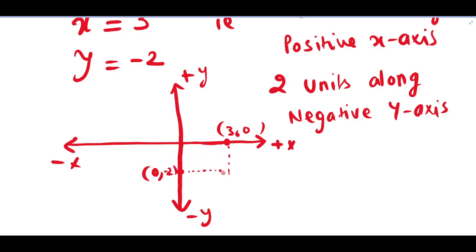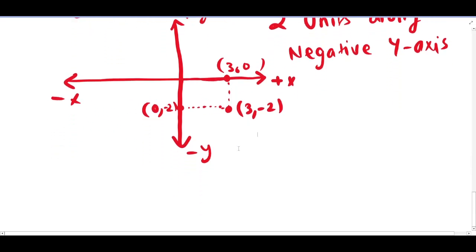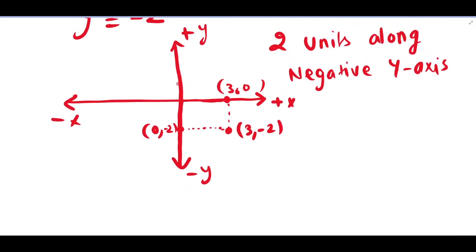So this is the required point 3 comma minus 2. Here we first go towards the right 3 units, and then we go 2 units towards the negative y-axis.